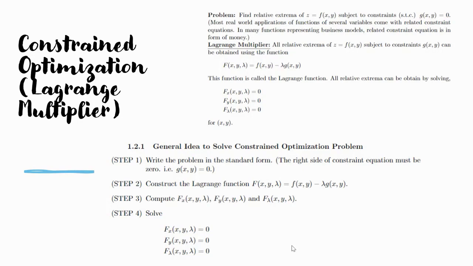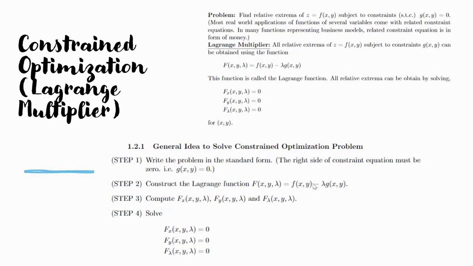You want to rewrite your constraint in the standard form, g of x, y equal to 0. After you write your constraint, you will construct the Lagrange function, which is basically this right here, f of x, y minus lambda g of x, y. And your g of x, y here is your constraint.